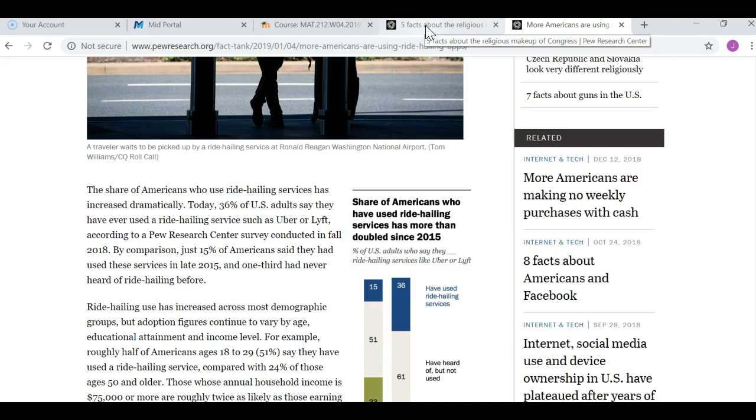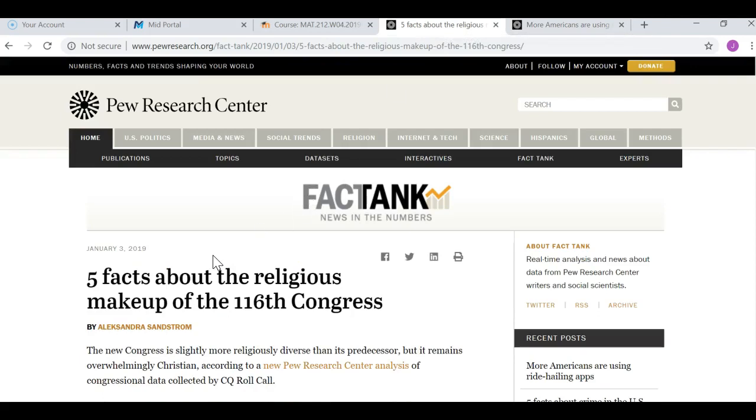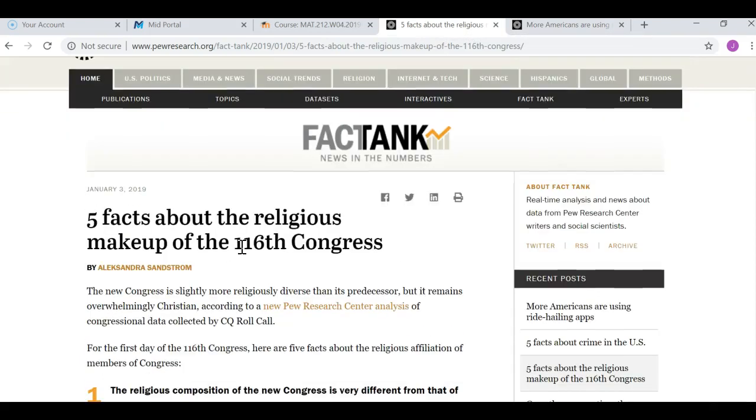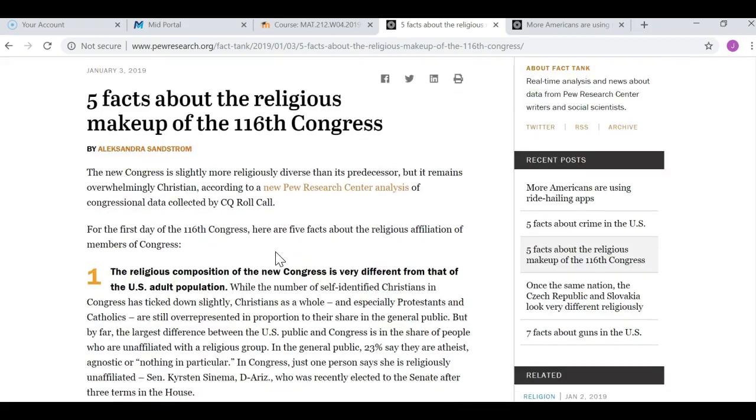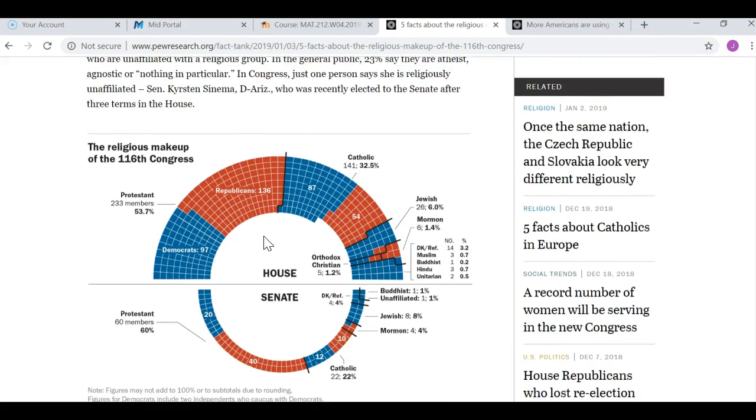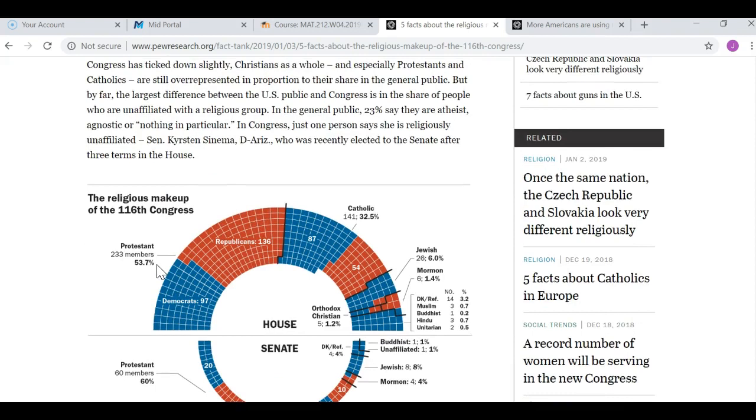Now, off the exact same page, they say 5 facts about the religious makeup of the 116th Congress. And if you look down here, it says 53.7% of the members of the House of Representatives are Protestant or claim to be Protestant.